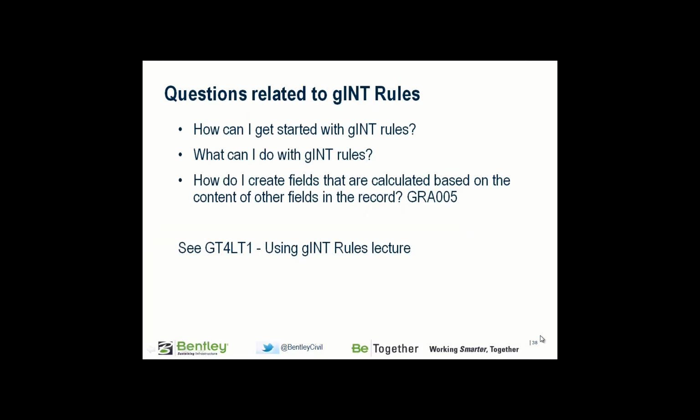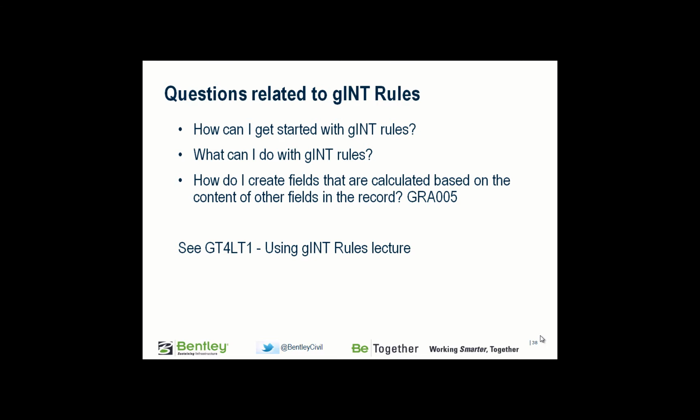And then there is a set of questions related to gINT rules, like for example, what gINT rules are, how can I get started with gINT rules, what can I do with gINT rules, how do I create fields that are calculated based on the content of other fields in the record, and so forth. In general, gINT rules are an advanced environment in gINT.